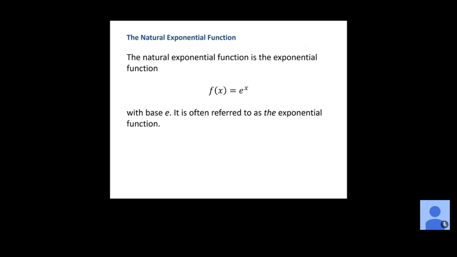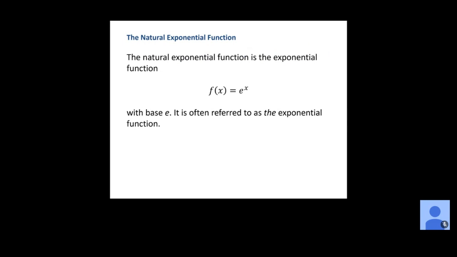Now, our natural exponential function is a very specific exponential function where the base is e. So we have f of x equals e to the x. That's what we call the natural exponential function. E in this case is referred to as the exponential function a lot of times. So if you ever hear somebody just say the exponential function, this is the one they're referring to.